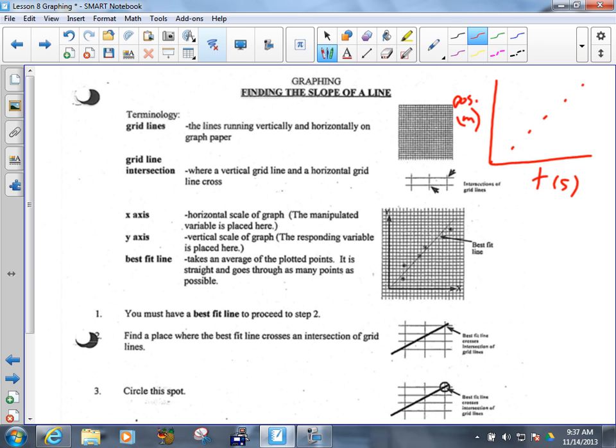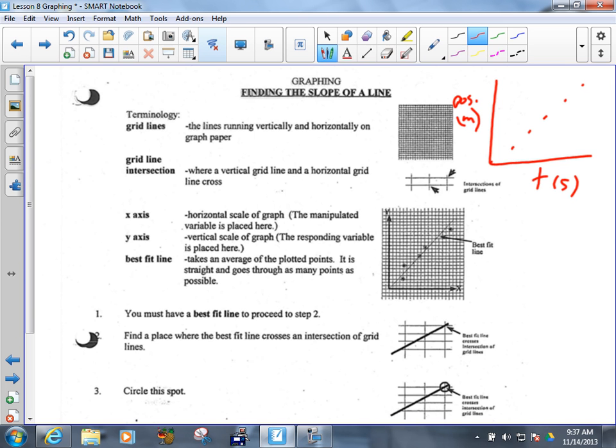When I find the slope of this line, the units of the slope will come out to meters per second, and that will tell me how fast the object I'm graphing is covering distance. So it gives you a numerical relationship between the two things.